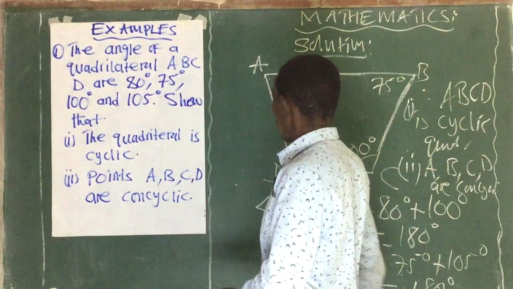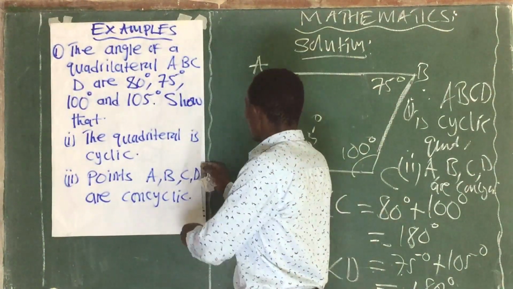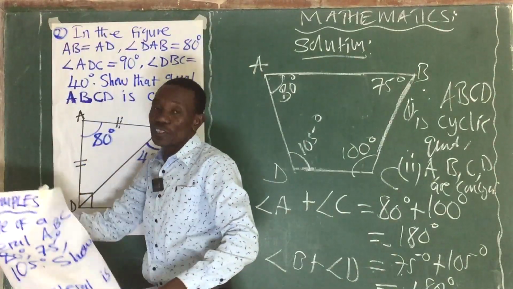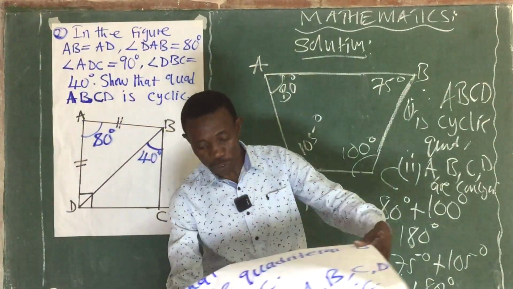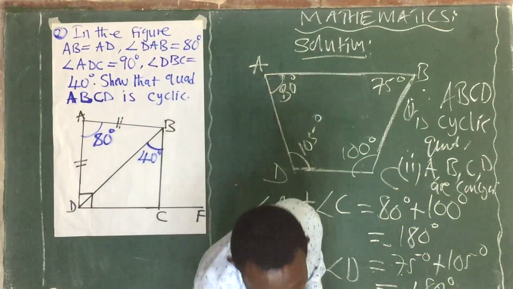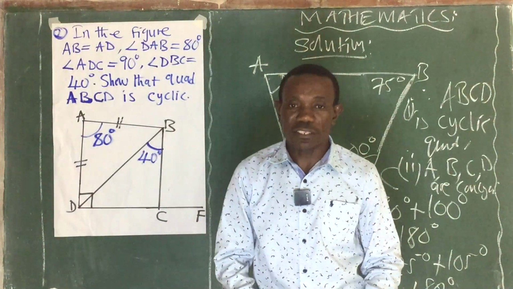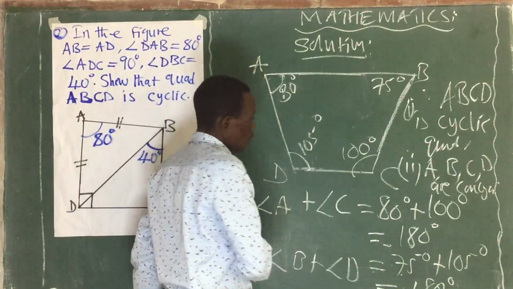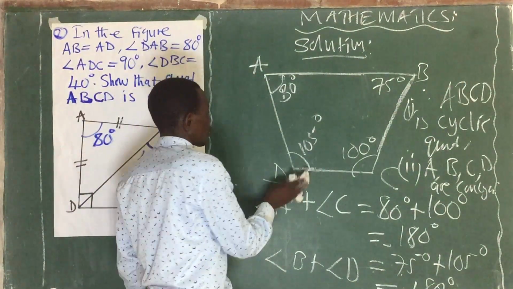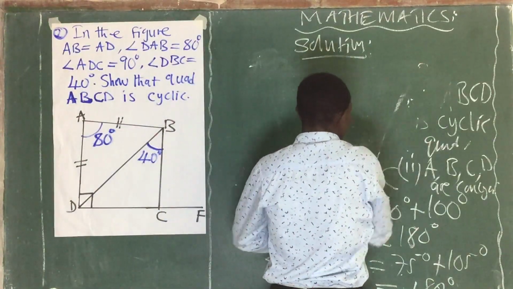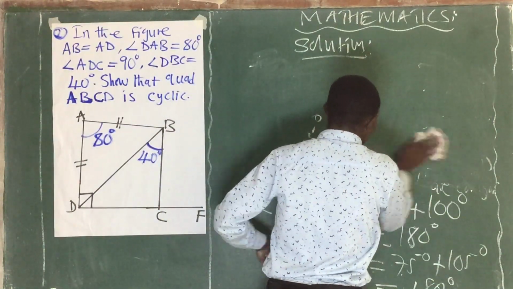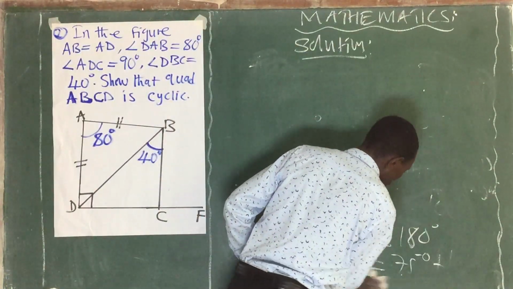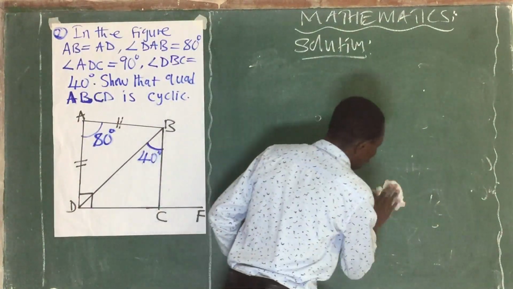Now, let's go to example 2, which will also give us a guide on how best we can use the last condition of showing that the quadrilateral is cyclic. In example 2, the diagram has already been drawn, so we'll use it as such to solve the problem.